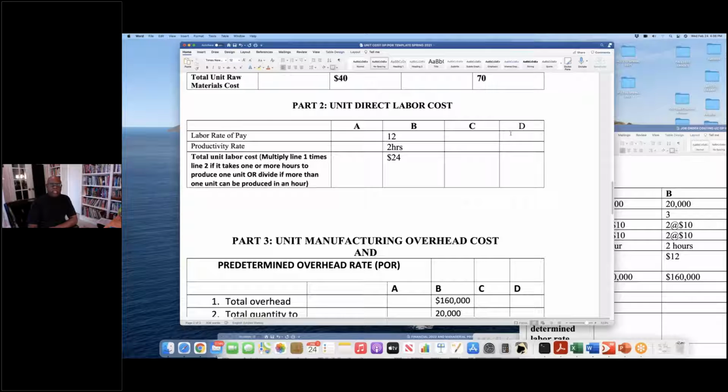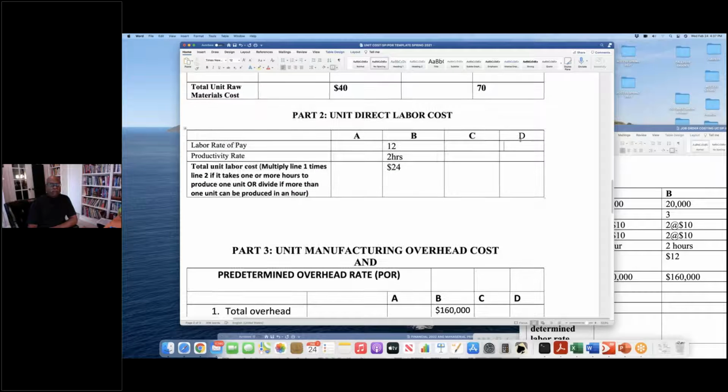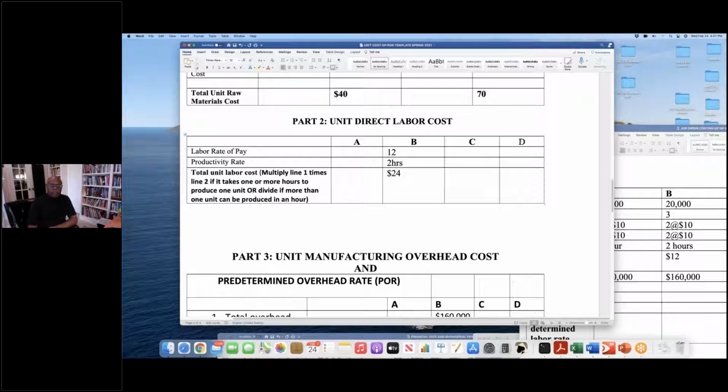So in D, what's our labor rate? Rate of pay, 12. So we're paying them $12 an hour. Now productivity rate is what? 4 per hour, right?